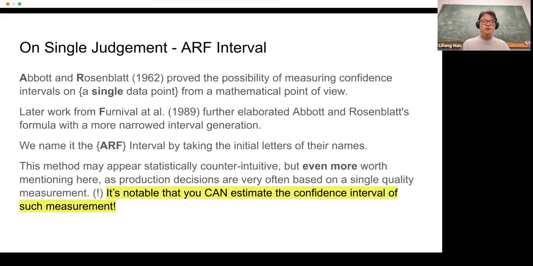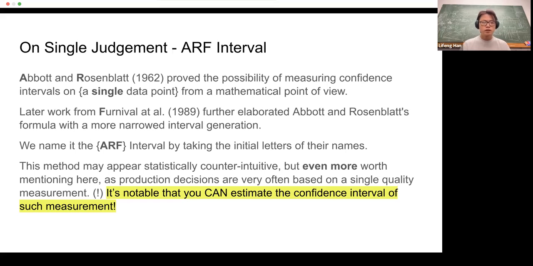Let's firstly see the single judgment situation, the ARF interval. Abbott and Rosenblatt in 1962 proved the possibility of measuring confidence intervals on a single data point from a mathematical point of view. Later work from Fermino et al. 1989 further elaborated A and R's formula with a more narrowed interval generation.